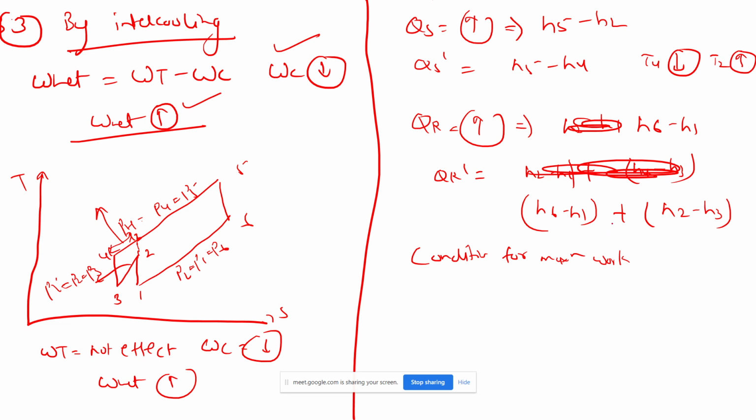Sir, how will the compressor work decrease? It is a two-process compression. See, previously we were compressing the gas from 1 to 2. Since we are decreasing the temperature again from 2 to 3, what will happen? The compressor work: previously T2 was higher, and T4 is lower than this T2. That's why the heat rejection is reducing.